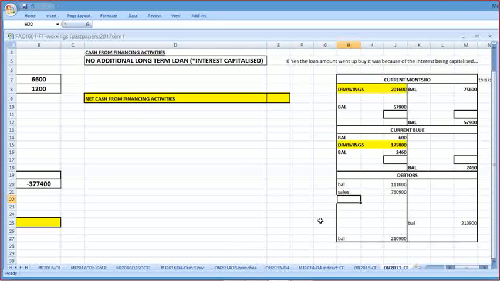So, how much would you have sold, and how much of it was credit? Look at the question. What did the question say about land and buildings?